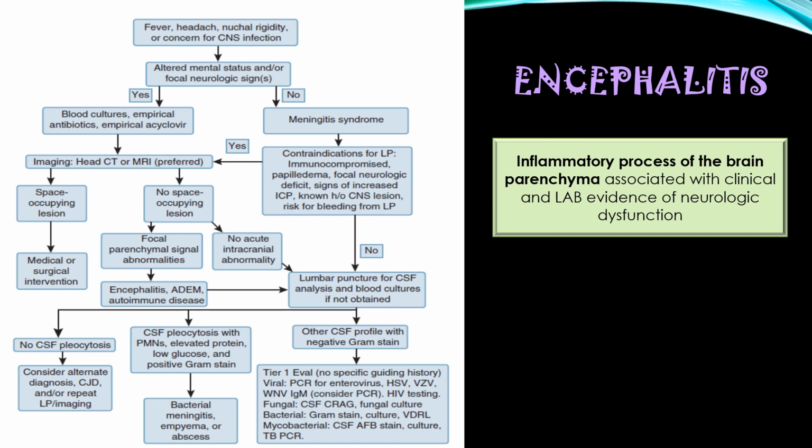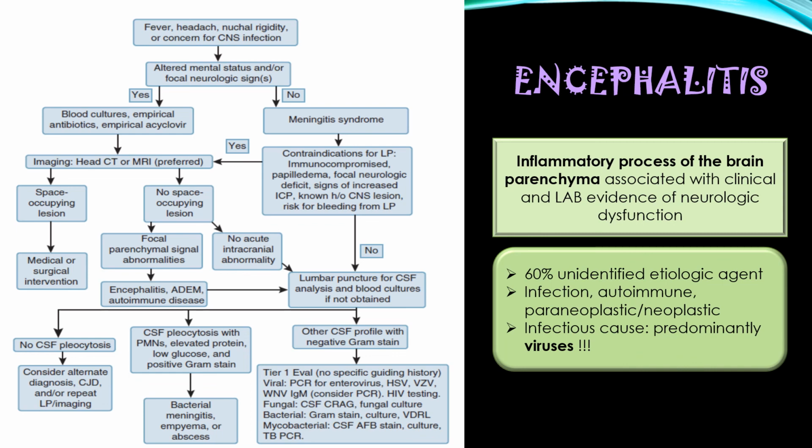But if the CSF doesn't show anything, consider others, such as CJD or other viruses. But in clinical practice, about 60% of the time you cannot identify the etiologic agent. The cause may be infection, autoimmune, or neoplastic. But if it is infection, it is predominantly a virus.